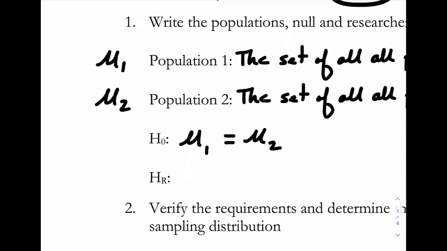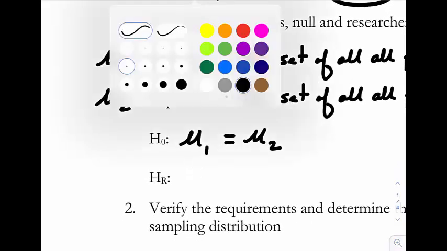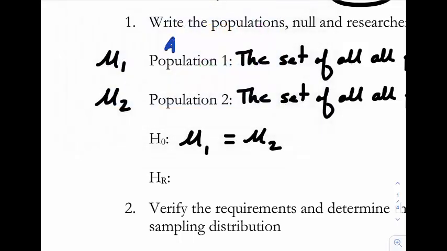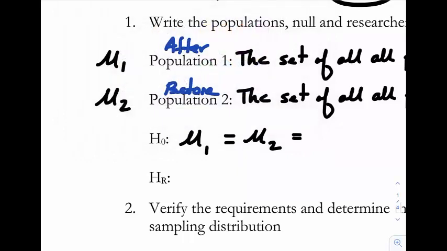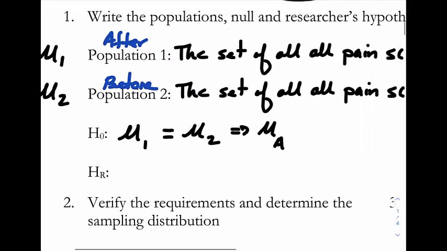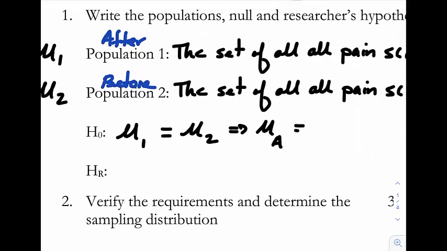But I want you to see that population number 1 is our after group, and population number 2 is the before. So in this case, I can say that mu1, with a subscript of A for after, is equal to mu2, with a subscript of B for before.